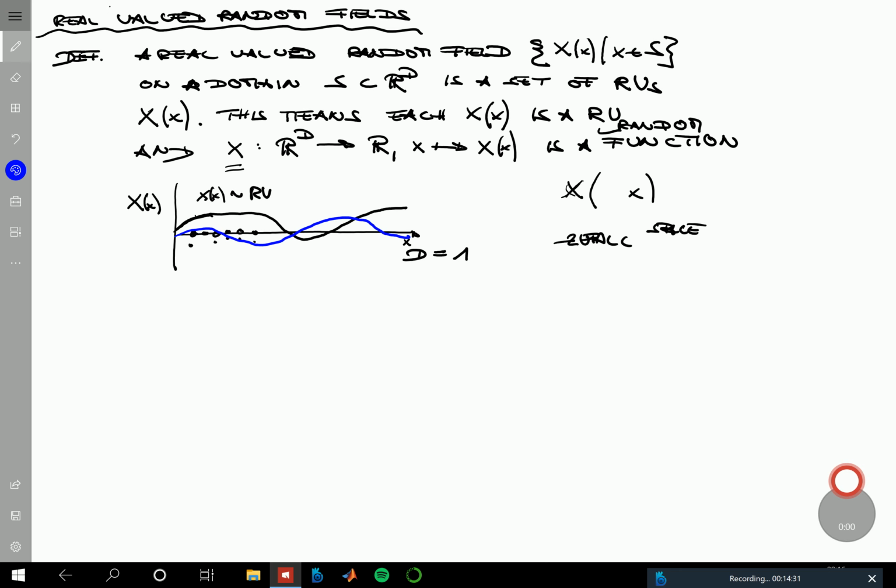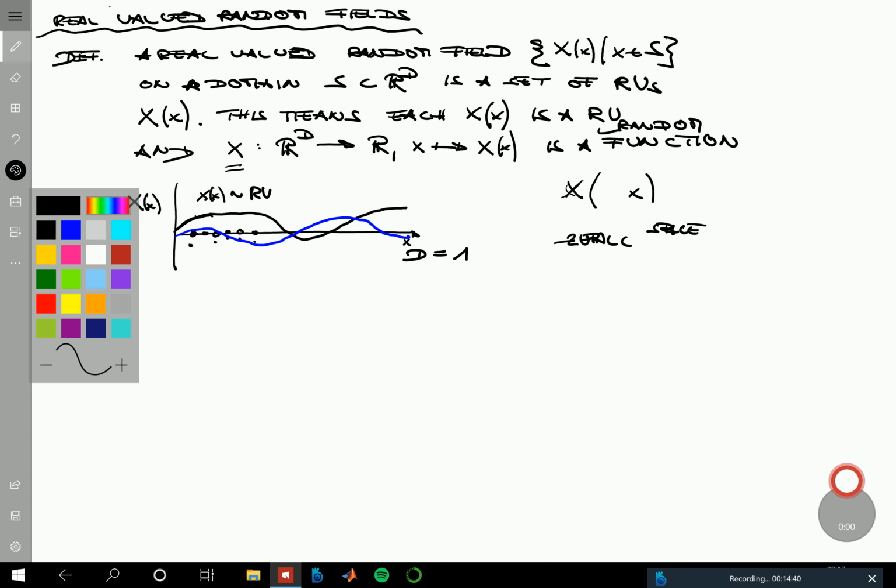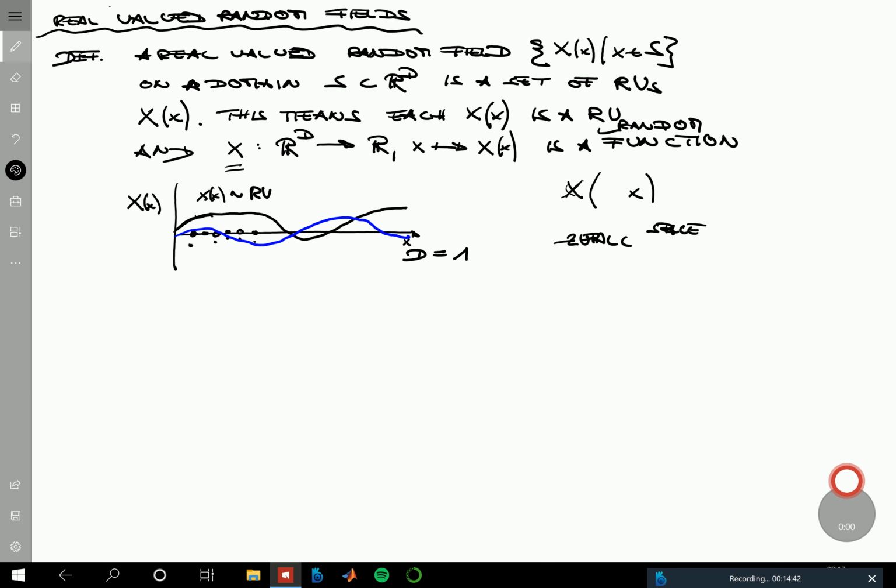A different way to view it, and this will also be related to when we talk about Gaussian processes, is to think in terms of multivariate Gaussians, for example, or vectors, and then think of a vector as a function.